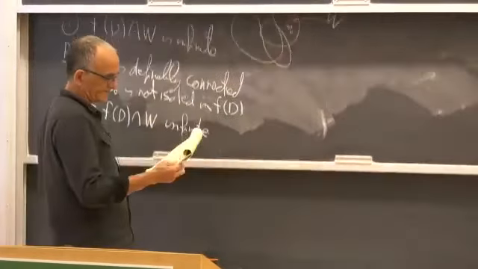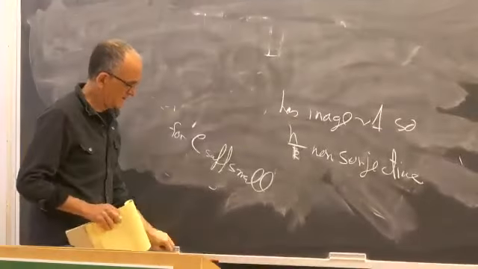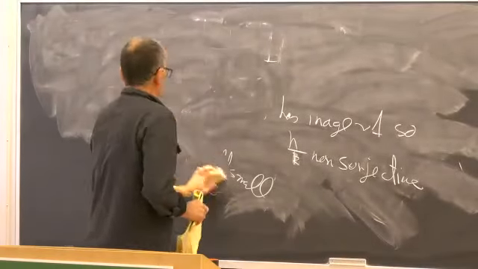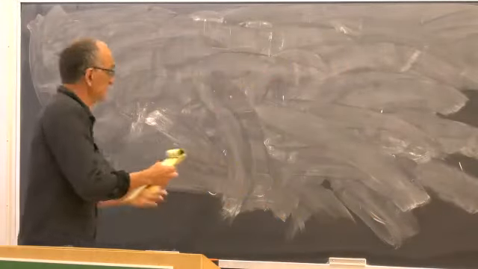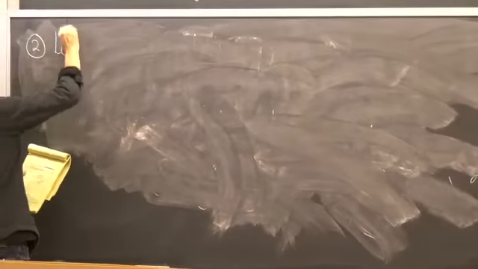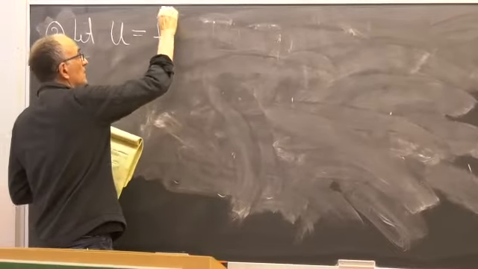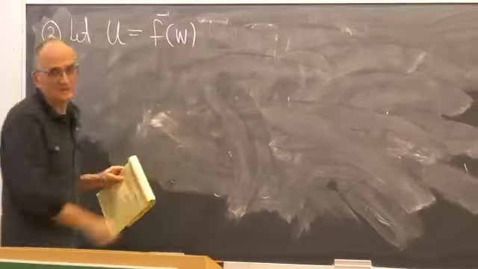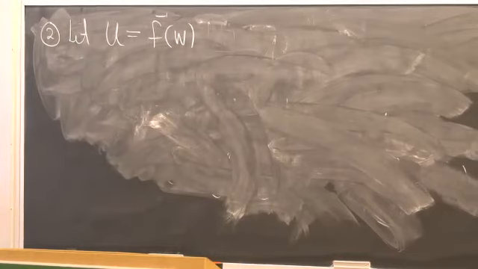All right. Next, two. Let's consider the pre-image under f of W. F is a continuous map.